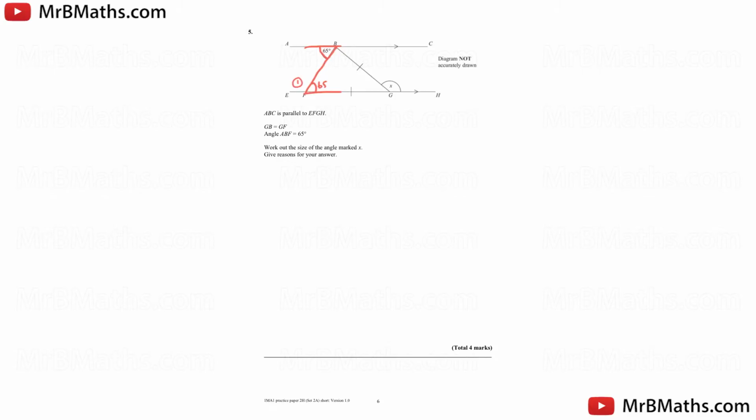So I'm going to put a 1 here and then write alternate angles. Okay, now I've noticed here that this and this would mean that it's an isosceles triangle, therefore the bottom 2 angles are the same, the 2 sides are the same, so these 2 angles.